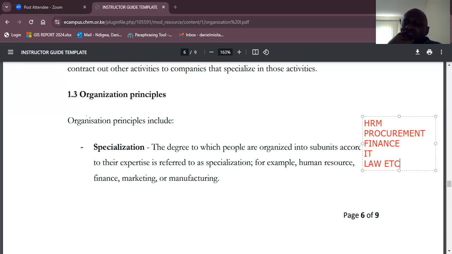Then we also have finance, which is also a profession. So you must have done at least CPA, Certified Public Accountants of Kenya. You must be registered with ICPAK, and you also need to have practiced. Then we also have IT, which has different bodies and also different professional qualifications.